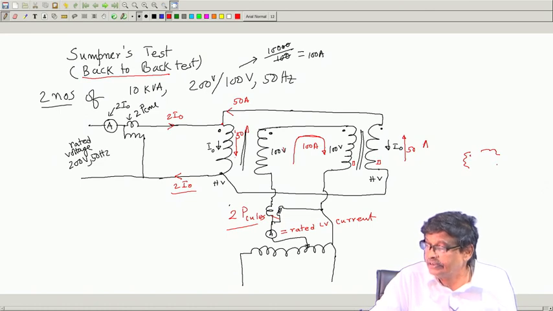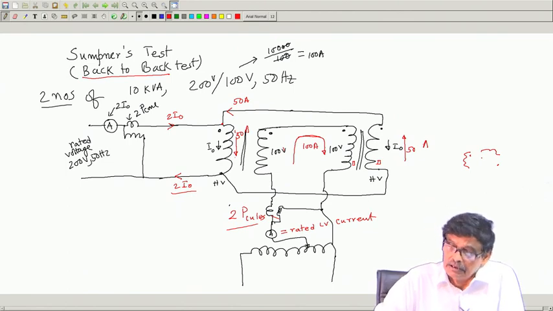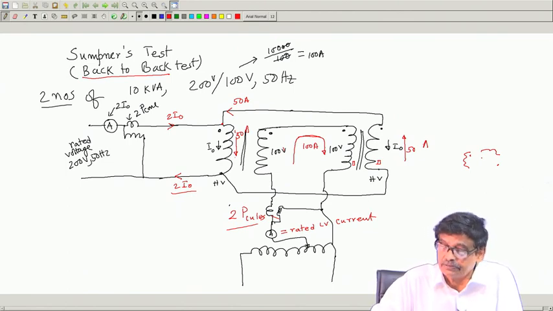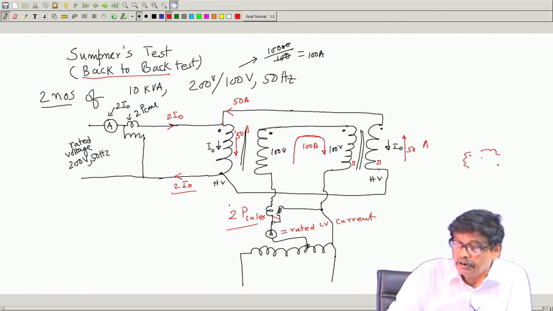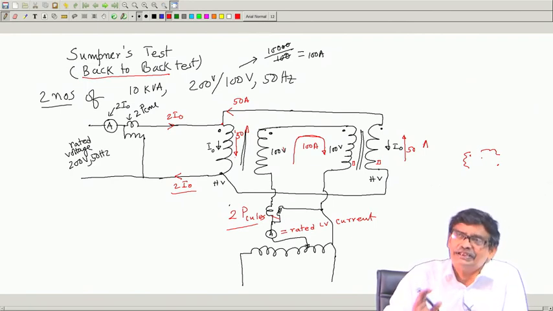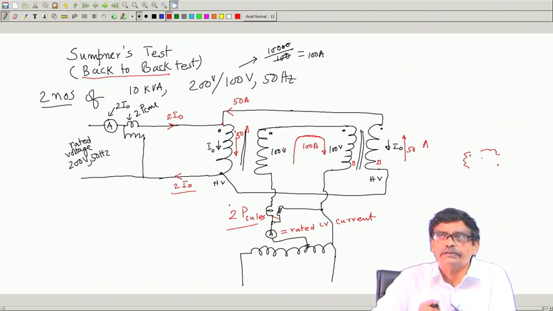If these are dots and you connect them, then 200 volt will appear. Is not, then your basic idea of carrying out the test will be lost. Anyway, I stop here today, but this circuit, how it works, please think physically what is happening, then it will definitely enhance your understanding of transformer.